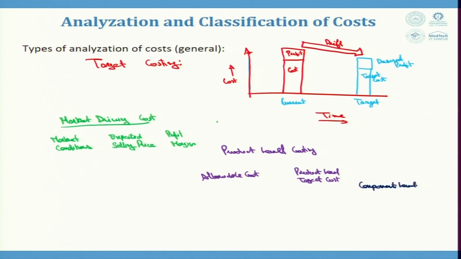Component level costing, component level I would better say target costing. Where component level, the functional component or the functional part of the cost, I would say functional level target, and the component level target, that is the suppliers for these functions, suppliers level target. These are all taken into account.